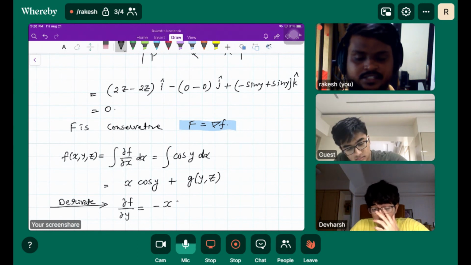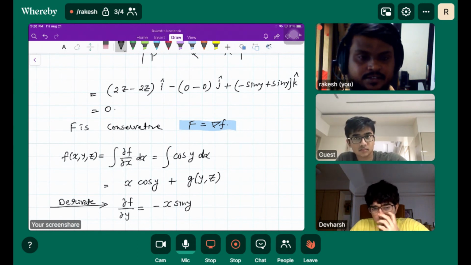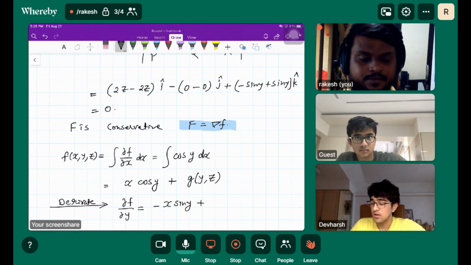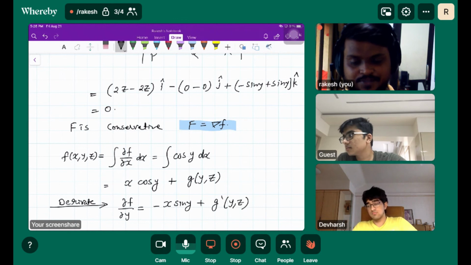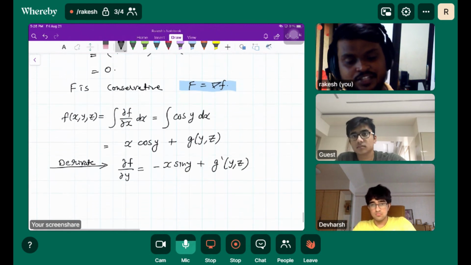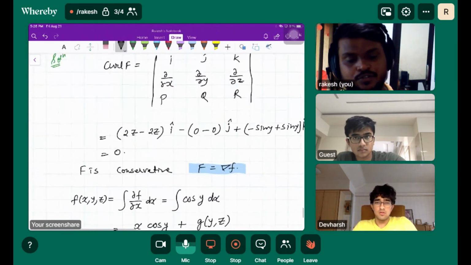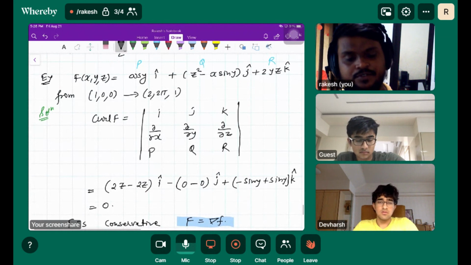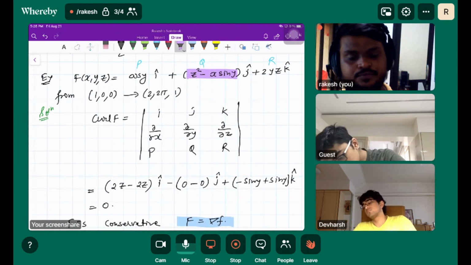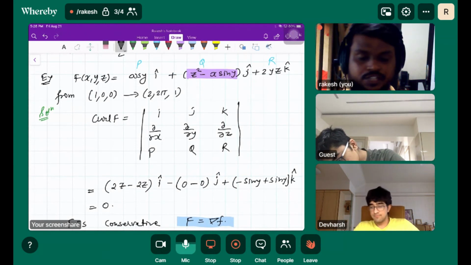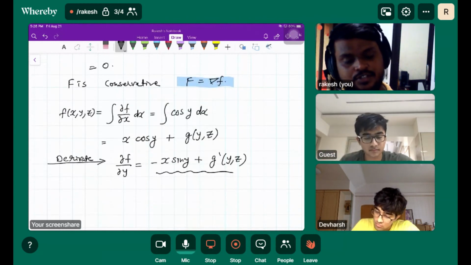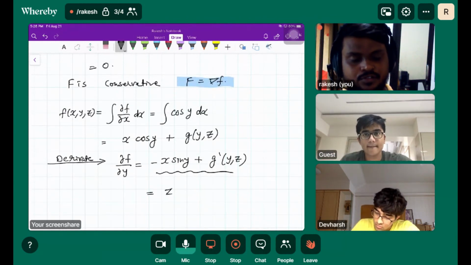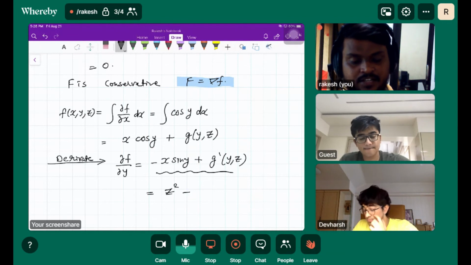So minus x sin y plus g dash y comma z. Okay, and this should be equal to what? This should be equal to the given partial derivative. It means Q. So this should be equal to z square minus x sin y, isn't it?